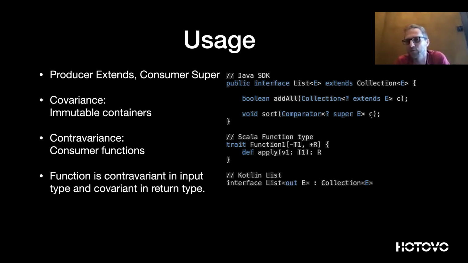And contravariance. The most common usage is for sorting, comparators, comparables, and so on. We have a method sort here that accepts a comparator. We want to sort the elements of the list in some way, and in what way is told to us by the comparator implementation.